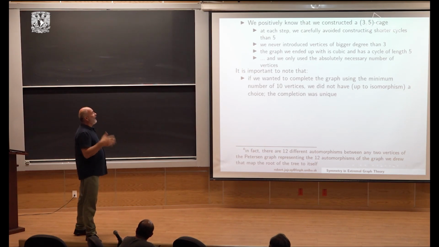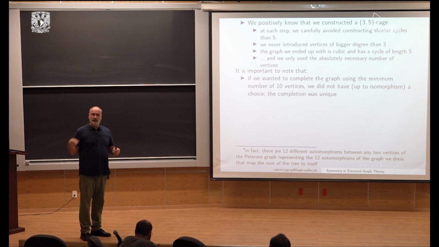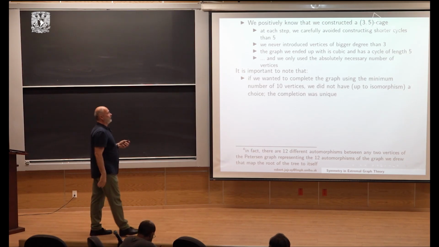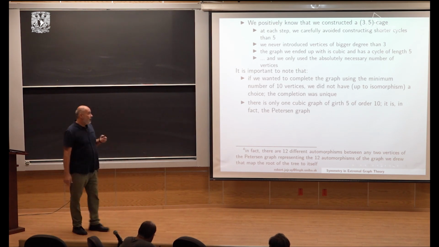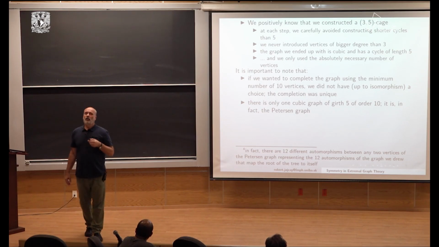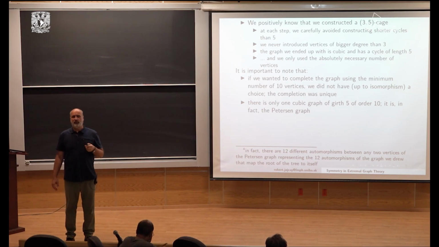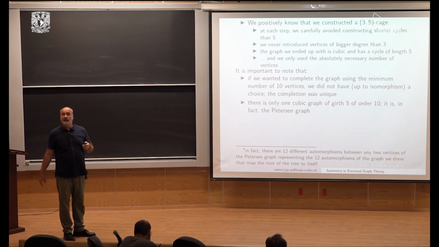I do want to stress this, it's not immediately obvious, but you really have to try and then you realize I didn't have a choice here, didn't have a choice here. And so the completion was unique. There is only one cubic graph of girth 5 of order 10, it's the Petersen graph, so we actually constructed the Petersen graph.